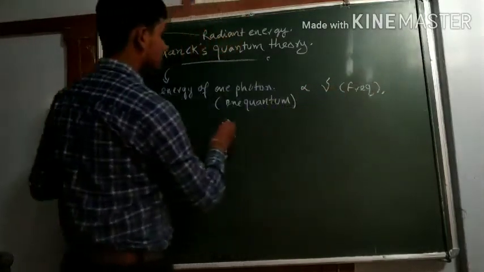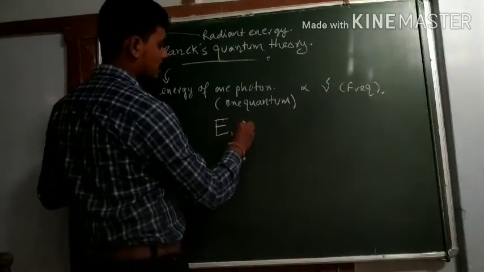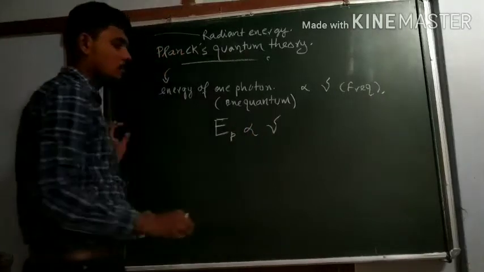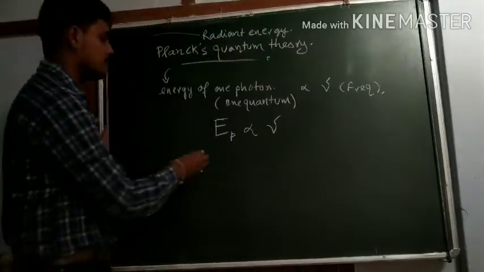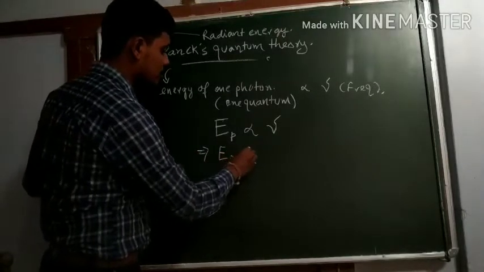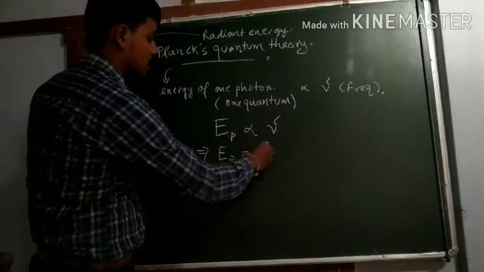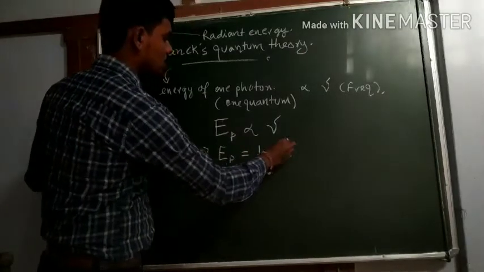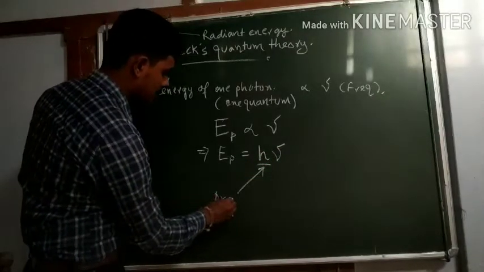So the energy of each photon is directly proportional to frequency. If I remove the proportionality symbol, I have to fix a constant here. So I put here h nu. This h is called Planck's constant.